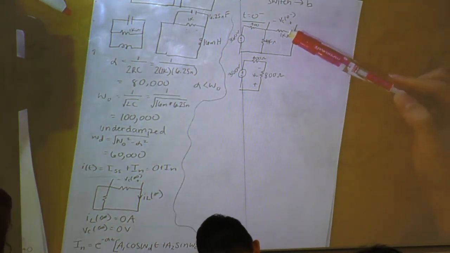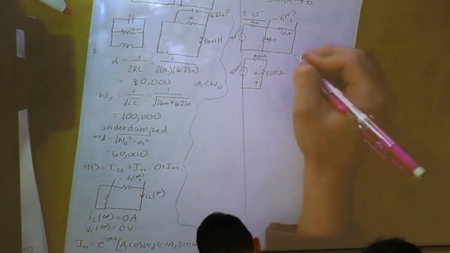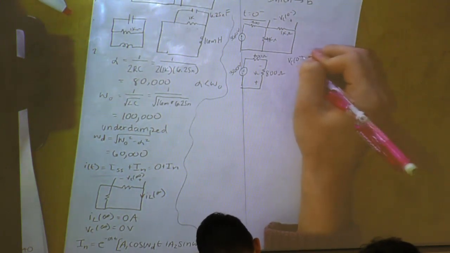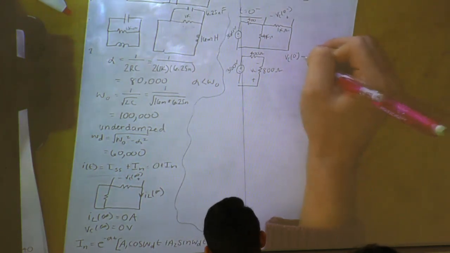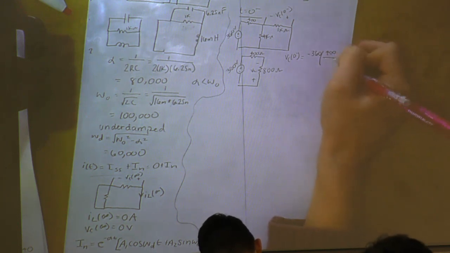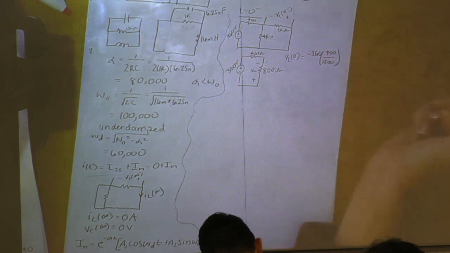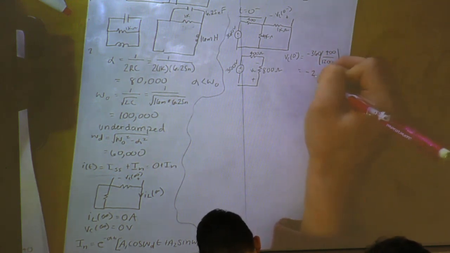Is everyone okay with me combining those two, calling that VC? So we can use voltage divider to find our VC of 0 minus, which will be negative 360 times 400 all over 1200. This should come out to negative 240 volts.